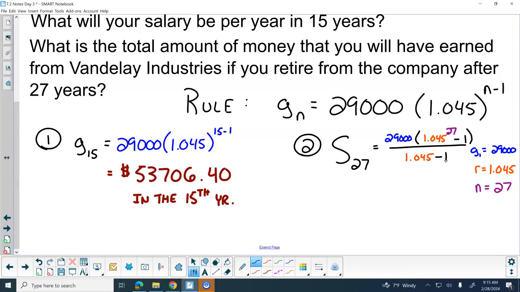Raised to the 27th power minus 1, times 29,000, divided by that gets me the sum, the total amount of money that Vandelay Industries has paid us over the years, which is $1,470,628.39.